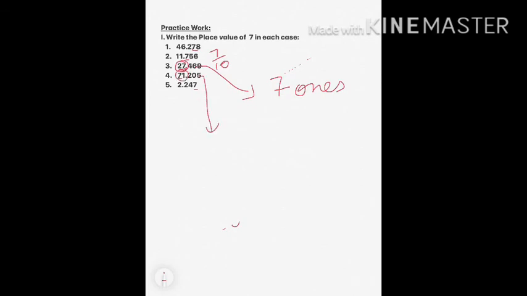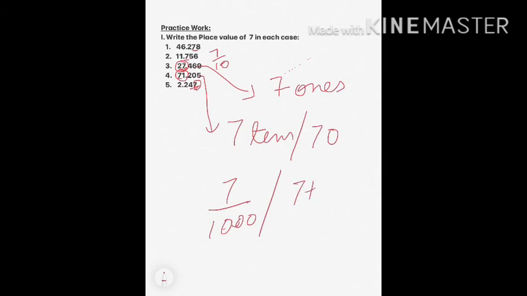In this case also, the 7 is in the whole number part, in the tens place. So you can write 7 tens, or you can write 70. Now in the fifth case, it is in the thousandths place. So you can write 7 upon thousandth like this, or 7/1000, in words also you can write.